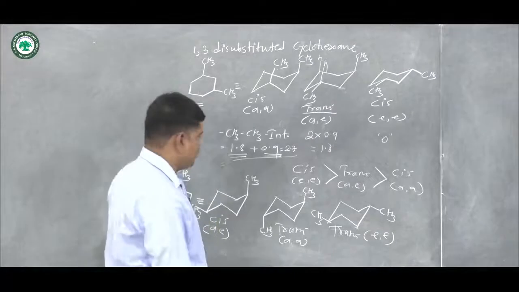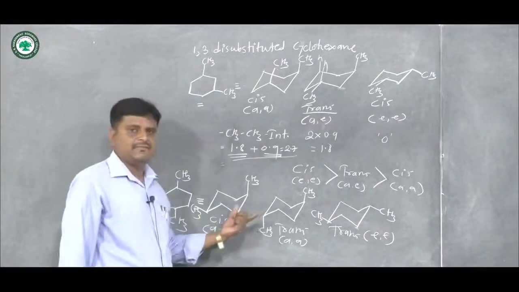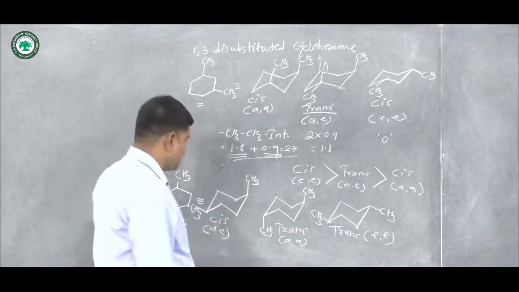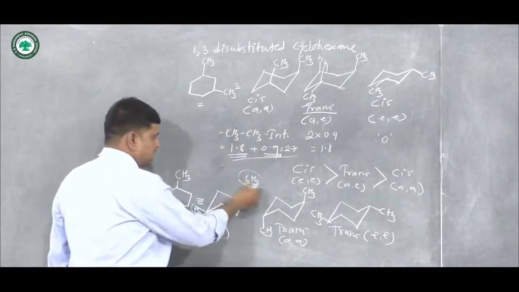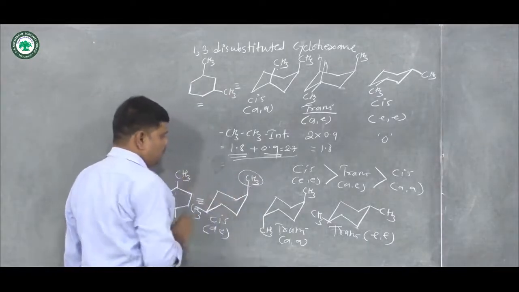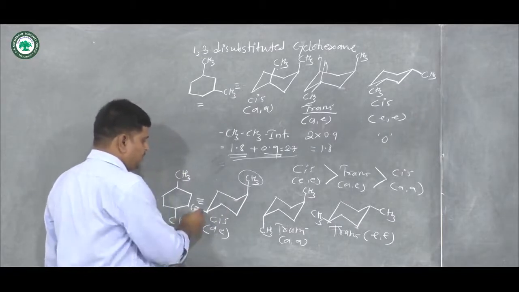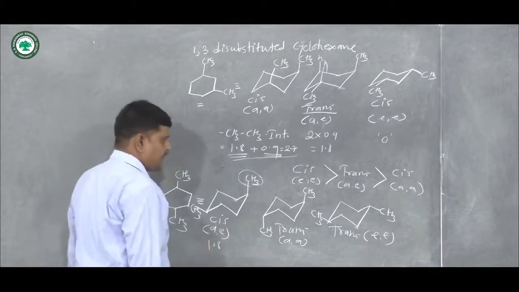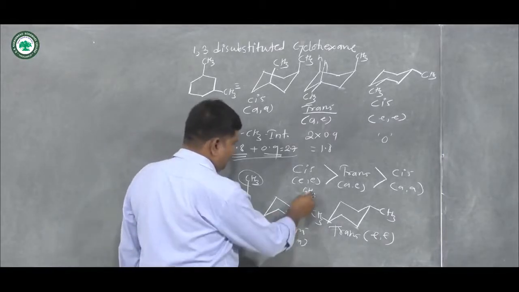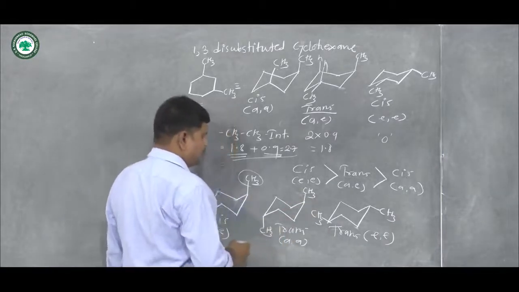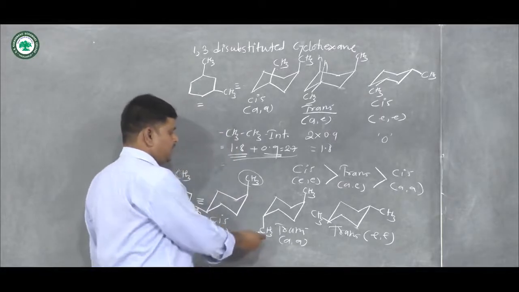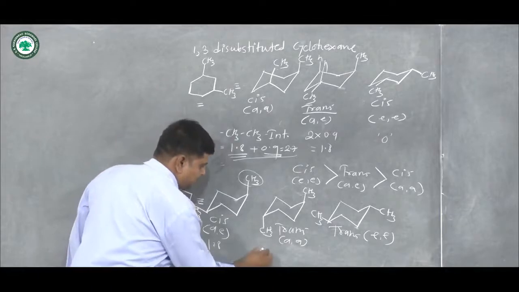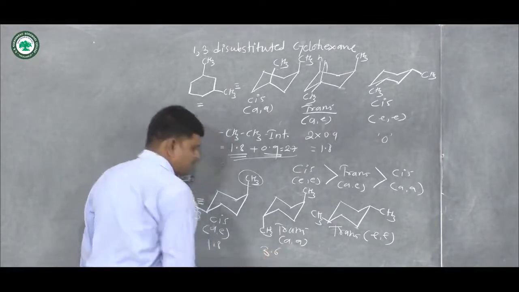Okay, so from this we try to calculate its theoretical energy. In this case the axial methyl group gives 2 one-three axial interactions, equatorial does not, so its energy is 1.8. In the second case, both methyls are at the axial position, and that's why 4 one-three axial interactions, so its energy is about 3.6.